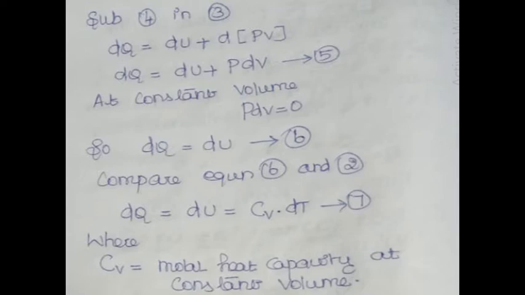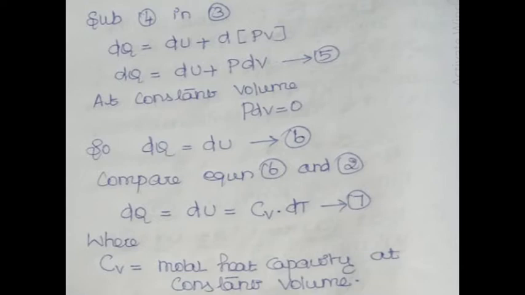From that, dq is equal to du plus p into dv. This is the fifth expression. At constant volume, pdv is equal to 0. So finally, dq is equal to du. This is the sixth expression.